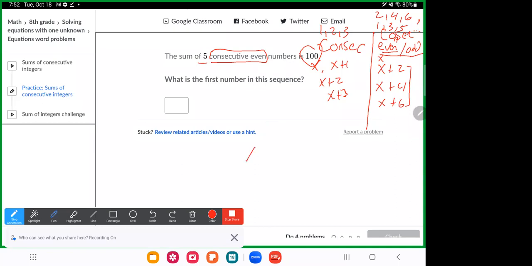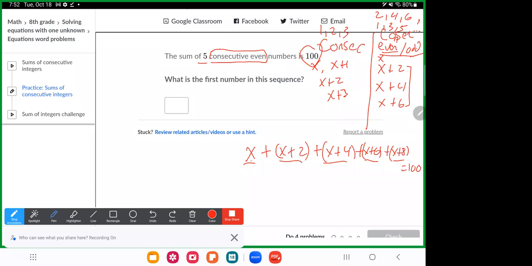So we're going to do x plus 2. So there's two numbers so far, one here, one here. And then x plus 4, that's our third number. And then x plus 6, that's our fourth number. And x plus 8, and I'm running out of space, but it equals 100. All right, so all these numbers added together equal 100.